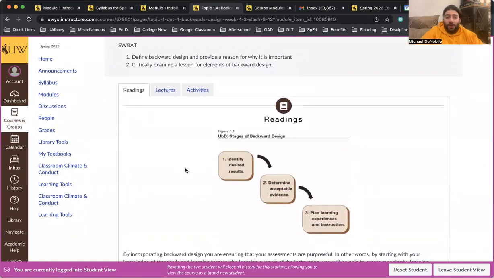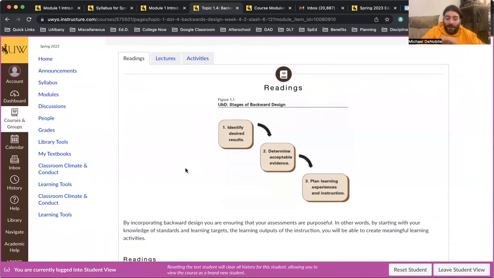So when you get here, pay very close attention to the stages of backwards design and how it works. You will better understand why assessment is important when you get here.